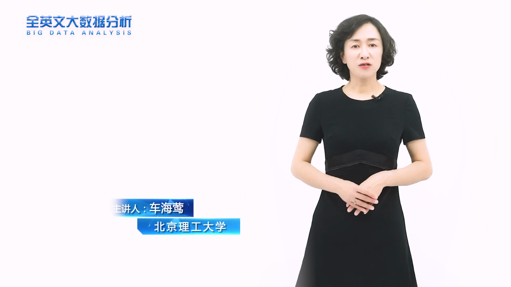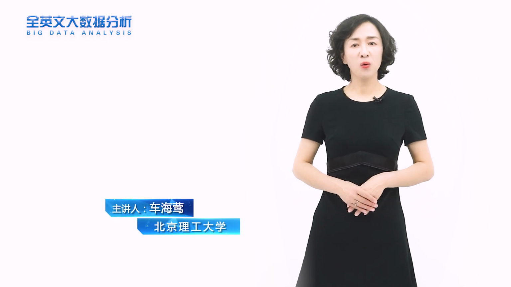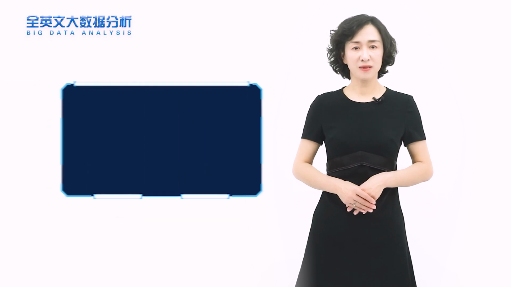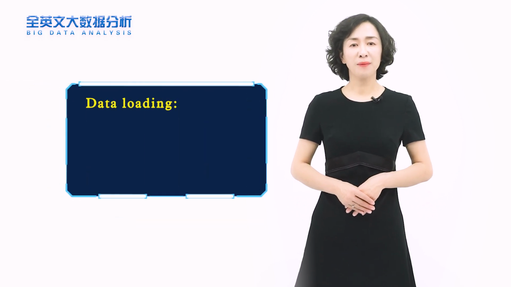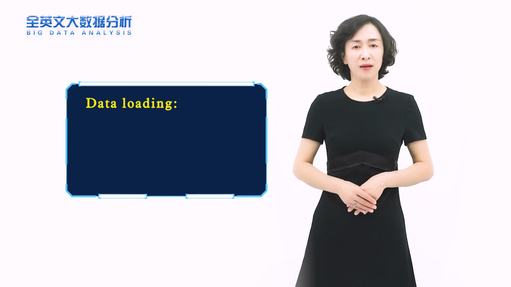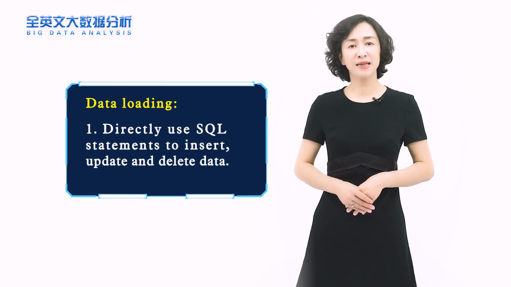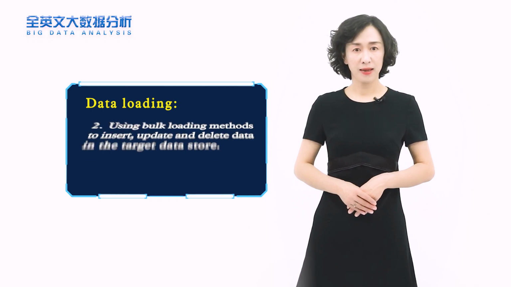After data being transformed, they need to be loaded to the target data store, like data warehouse. There are two common methods of data loading. The first one, directly using SQL statements to insert, update, and delete data in the target data store.